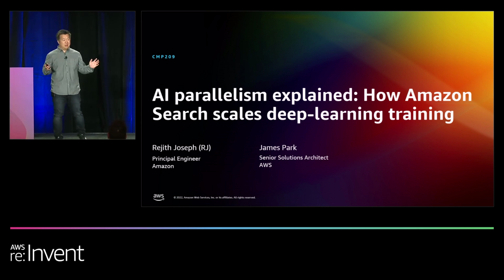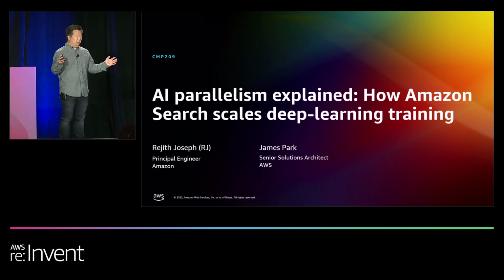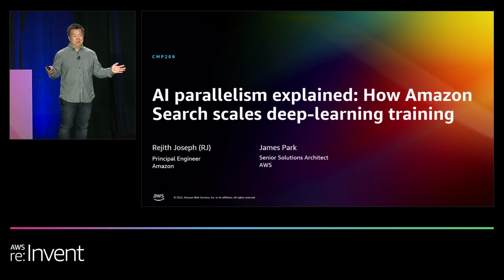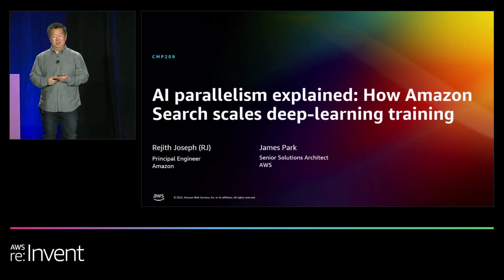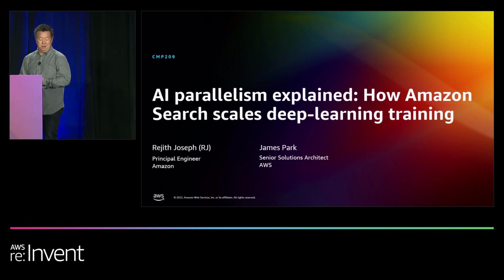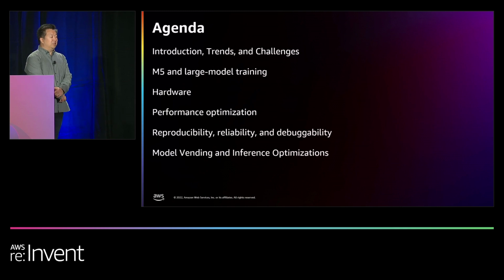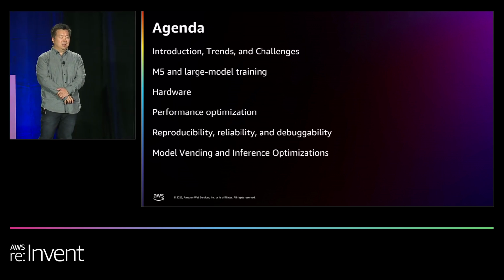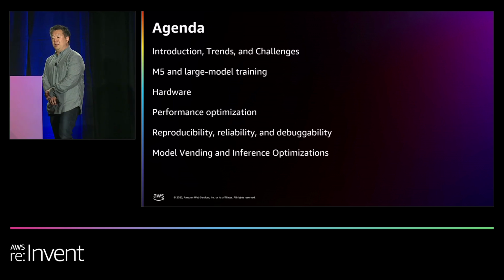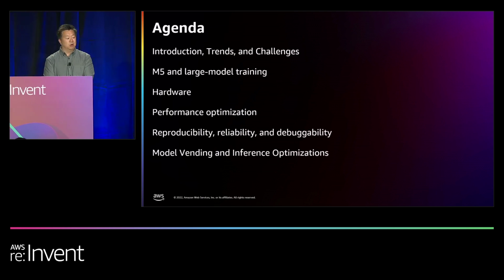Our goal is to really not only give you guys the marketing details and the services that we're using, but also give you an idea of the problems that we faced as well as the solutions for search to accomplish what they do. So again, for the next hour, first of all, I'm going to start to set the stage. That means giving you guys an introduction as far as what's available today on AWS, as well as some of the trends we're seeing in the market regarding deep learning.